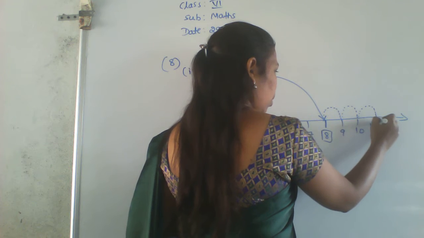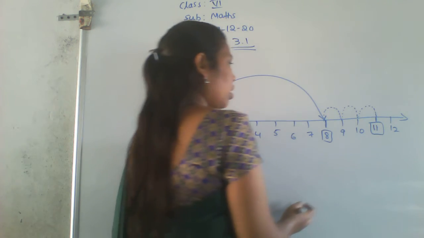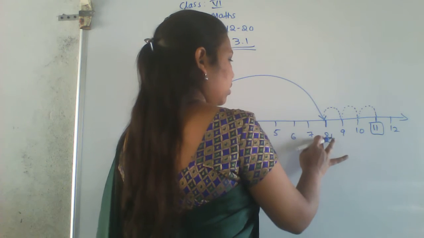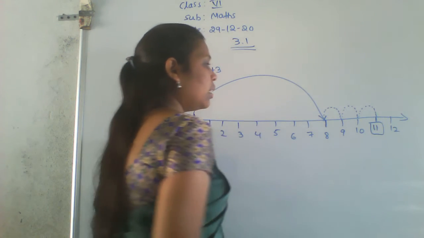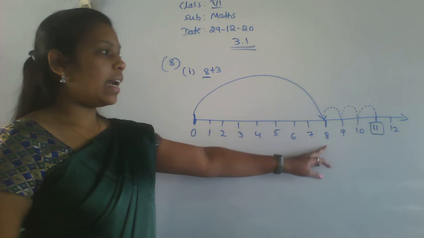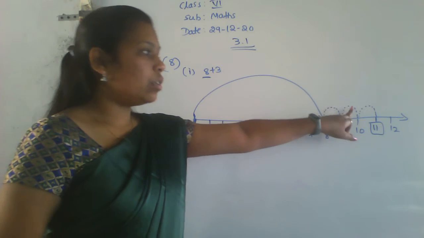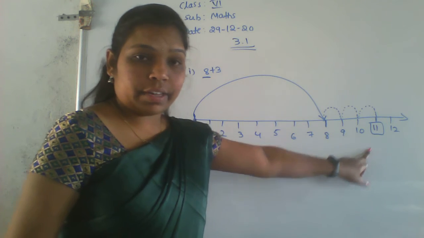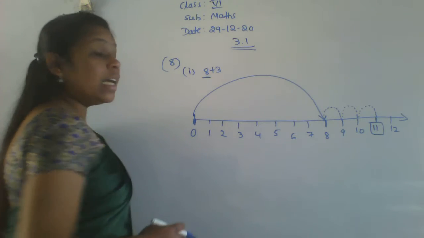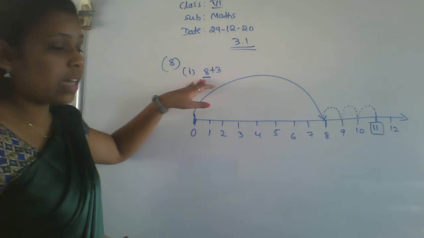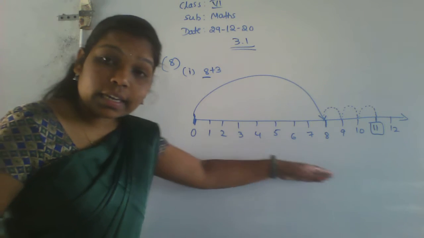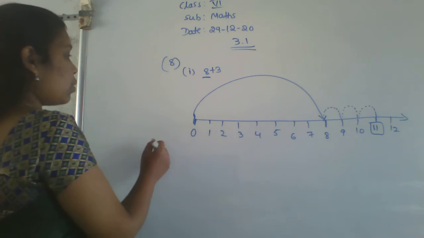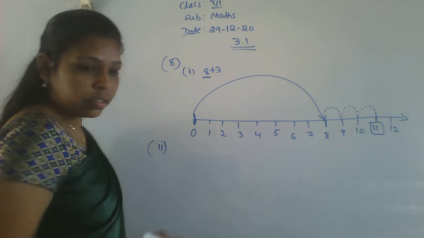So what answer did you get here? 11. Right? So don't put a mark here. This is the 8 value. For 8 we are adding 3: 1, 2, 3. So this answer is 11. Okay. So this is the representation of addition of numbers on the number line. Like this we have to represent. Next go for the second one.